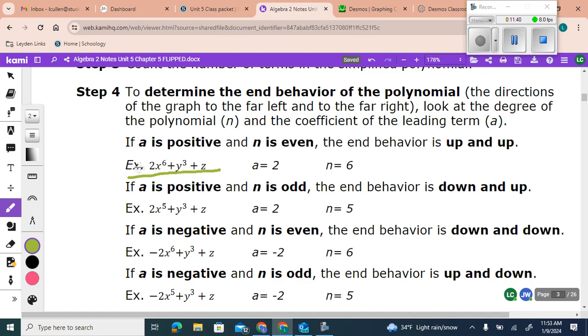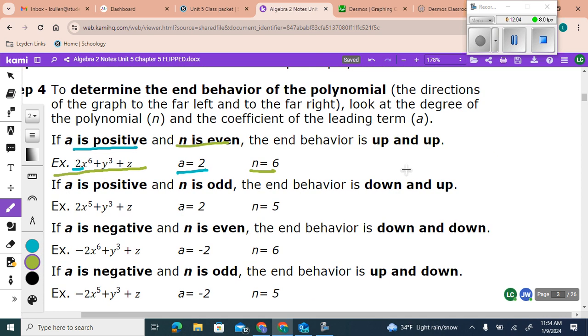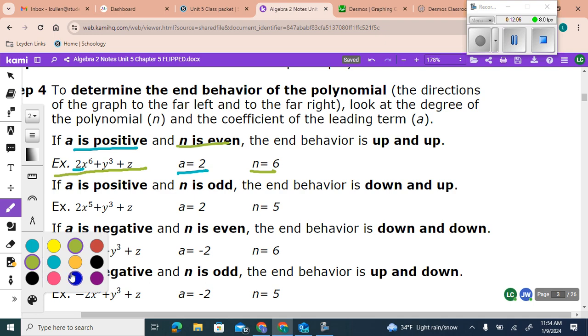This is in standard form. My degree is 6. They use n as your degree. My a, always the number in your first leading coefficient, is 2. When a is positive, 2 is positive, and n is an even number, you got to know your evens versus your odds, you are going to have an end behavior that is up and up.